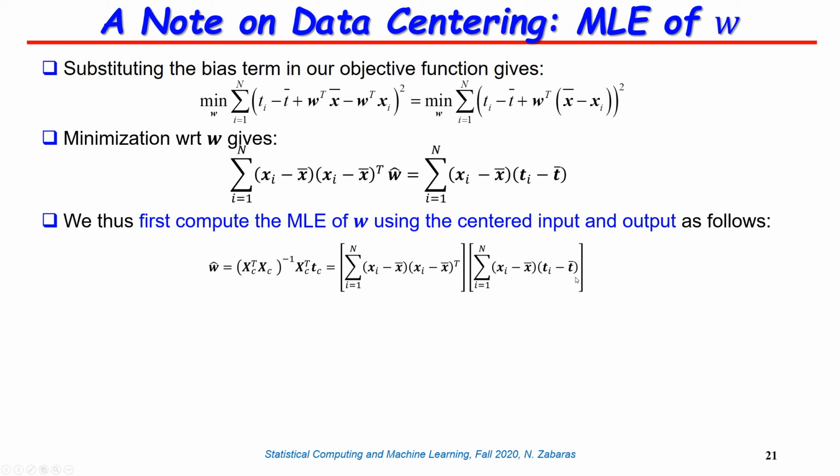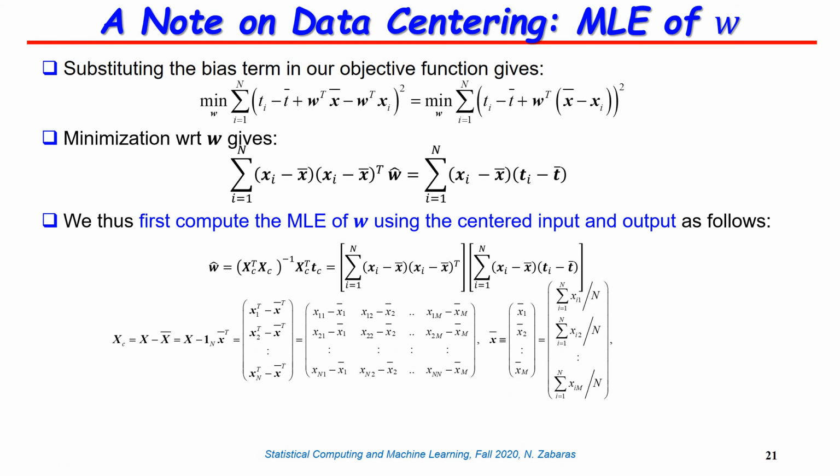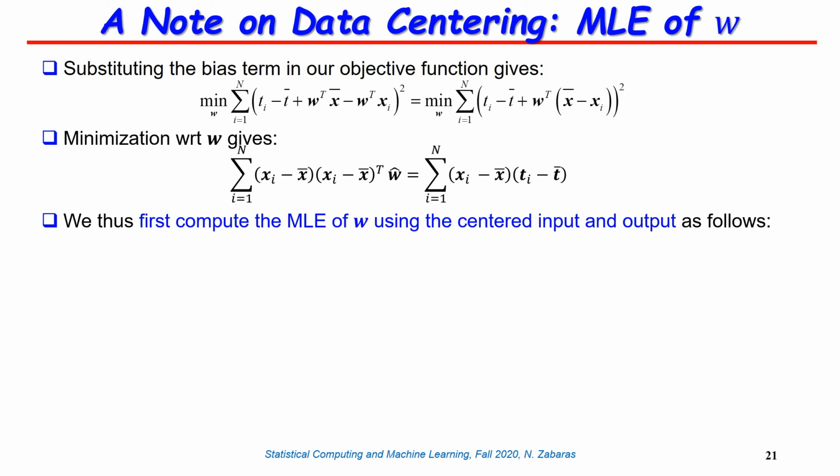And here is what the centered X matrix looks like, okay? So from the first column, you subtract the average of the values in the first column, you subtract X2 bar in the second column, etc. You do the same thing with T bar. That's your regular least squares problem. So you already have computed what the least square solution for W is.